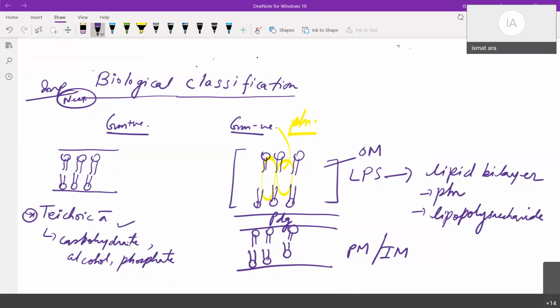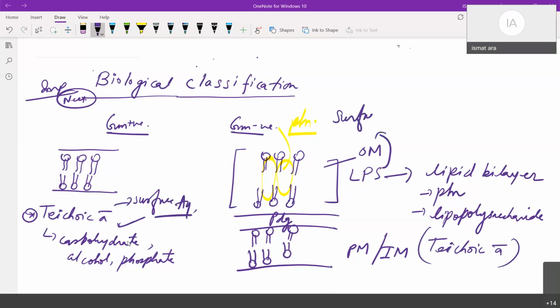Teichoic acid is present in gram-positive, but here teichoic acid is absent. And here one additional layer is present, LPS. This LPS is acting as a surface antigen. Here, teichoic acid is acting as a surface antigen.